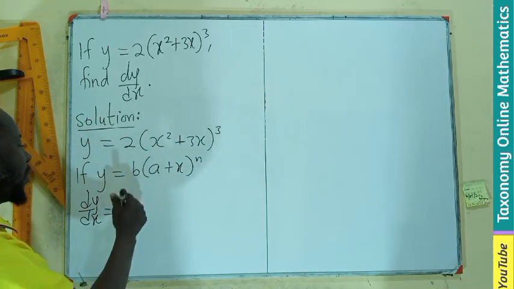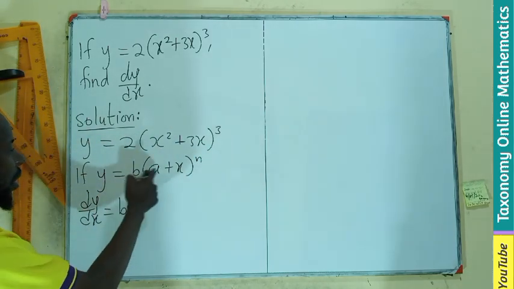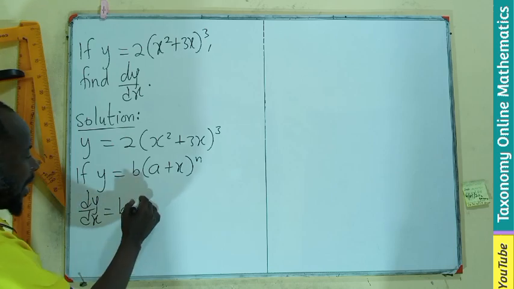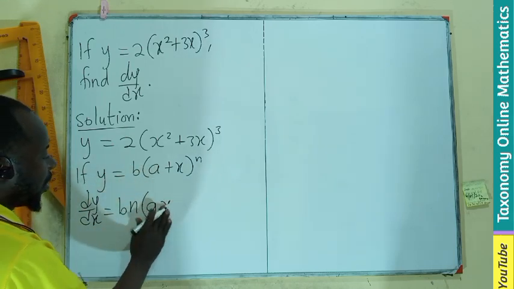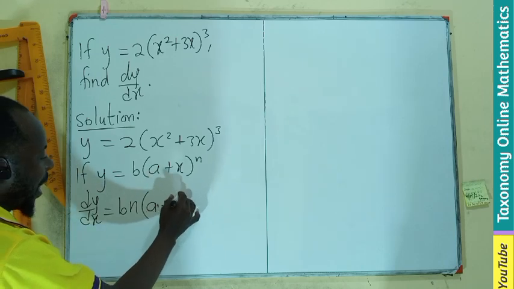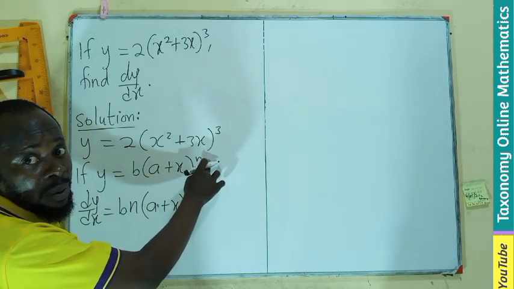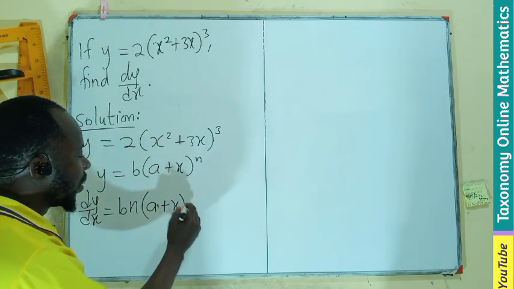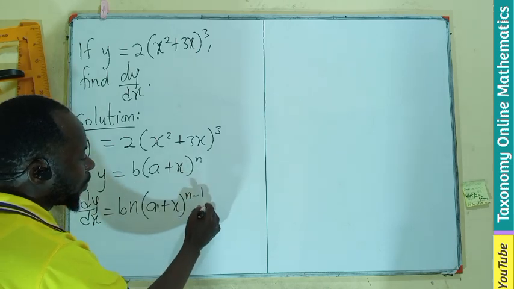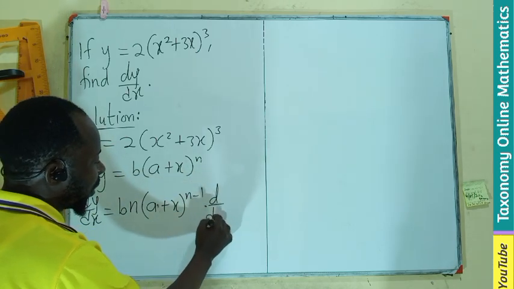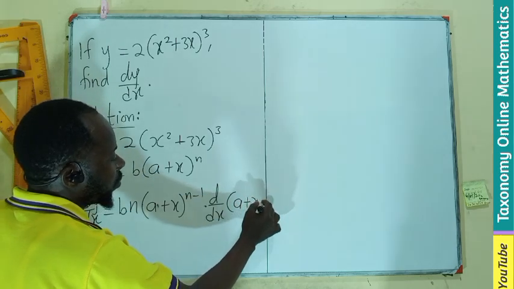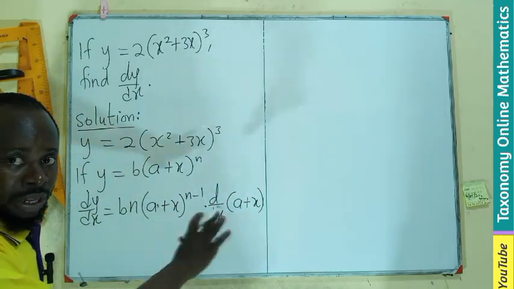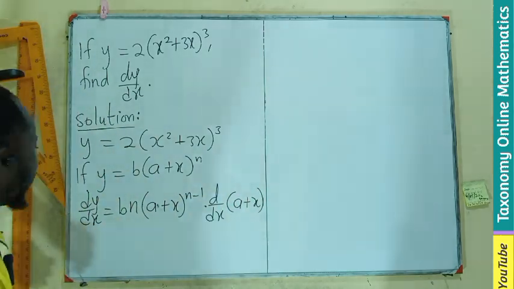So let the power come as b multiplying the power n, then multiplying (a plus x), we subtract 1 from this power, right? The normal differentiation, n minus 1, times the differentiation of the term in the bracket, which is a plus x. This is the shortest approach we can get from here.